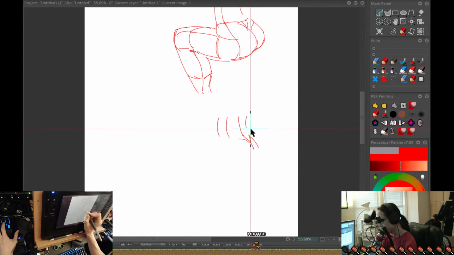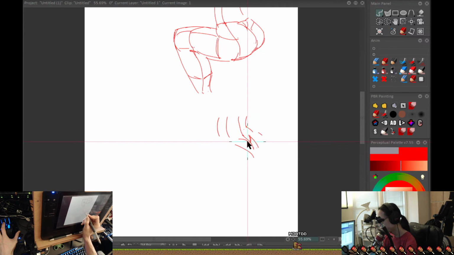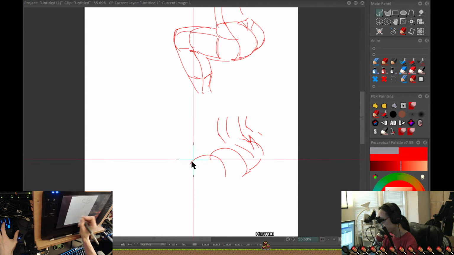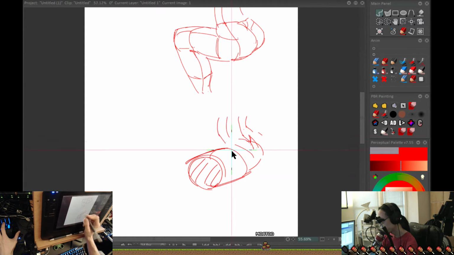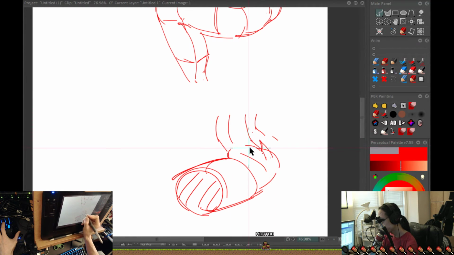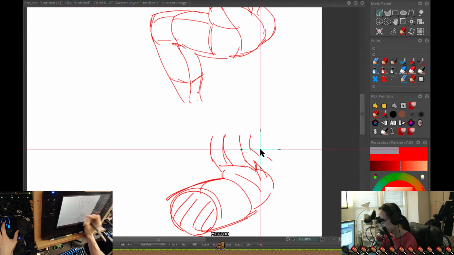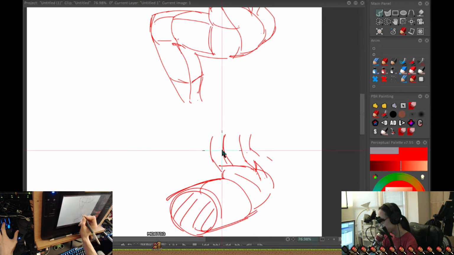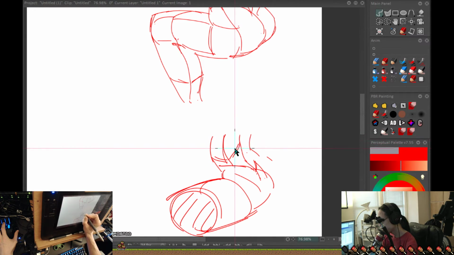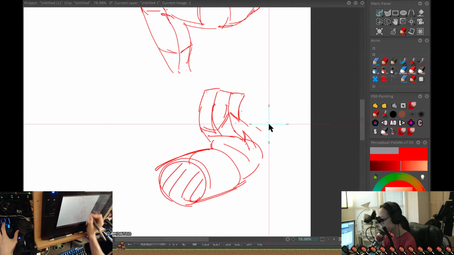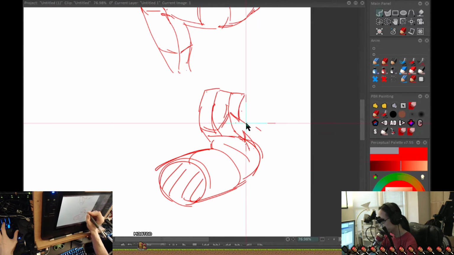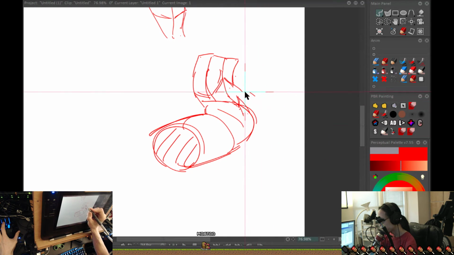Get that sacrum, or sacrum, I don't know, Latin. Actually, let's just make that leg go straight down.